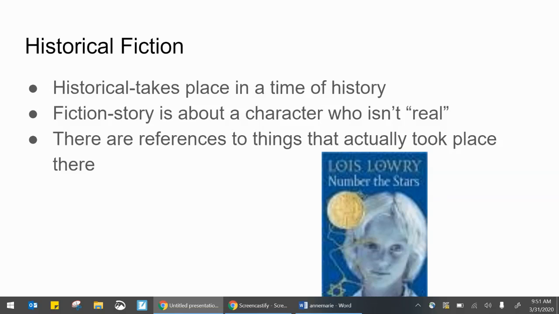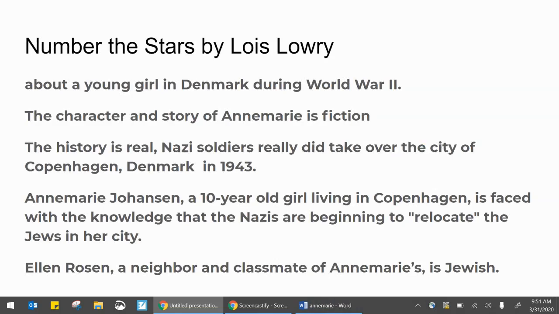Now let's look at why Number the Stars is historical fiction. Number the Stars by Lois Lowry is about a girl who lived in Denmark during World War II. World War II are the happenings of this story. And the character of Anne Marie is fiction. As I told you before, she's all made up.